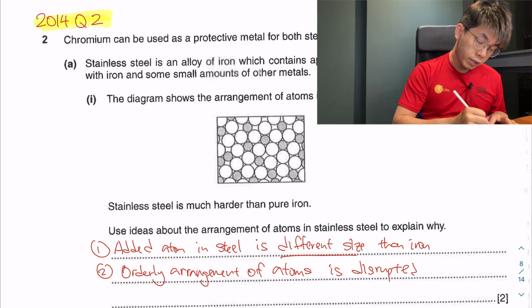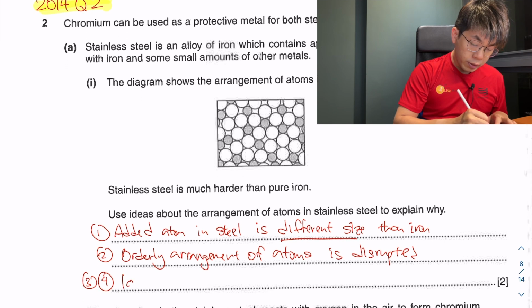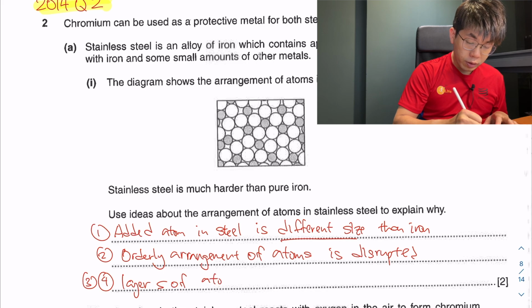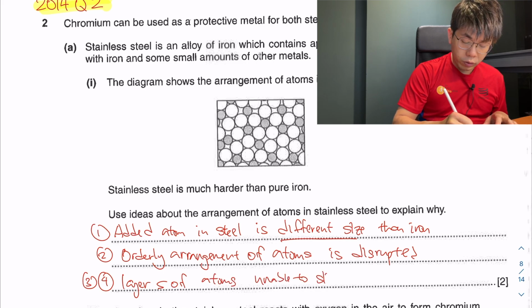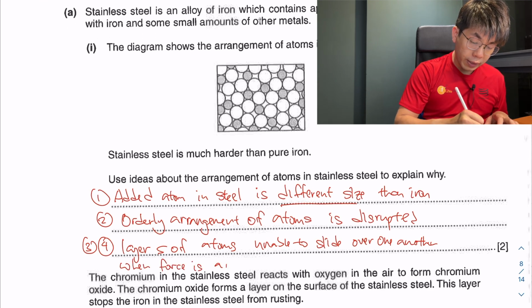And then the third and fourth point is layers of atoms unable to slide over one another when force is applied.